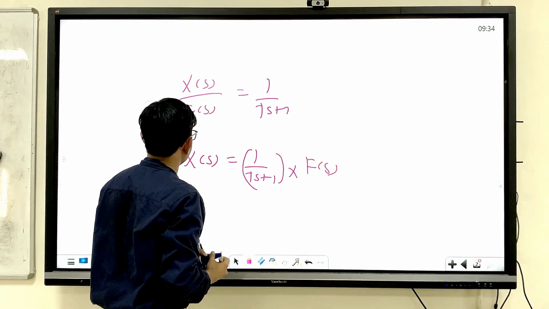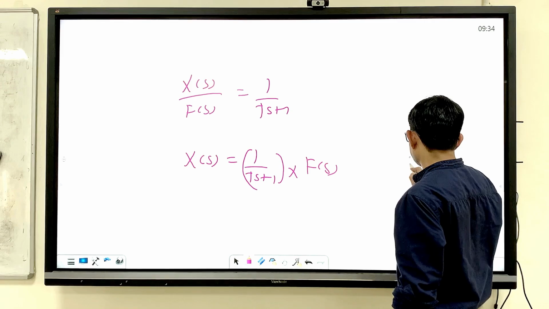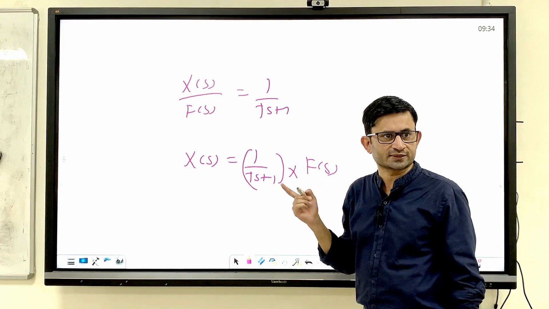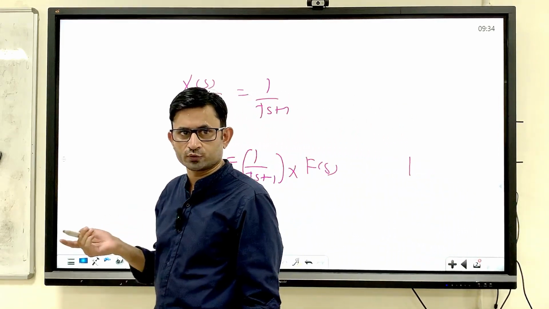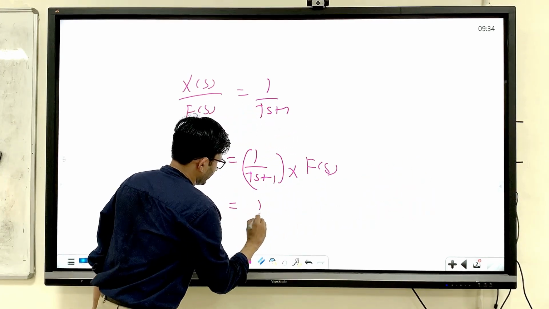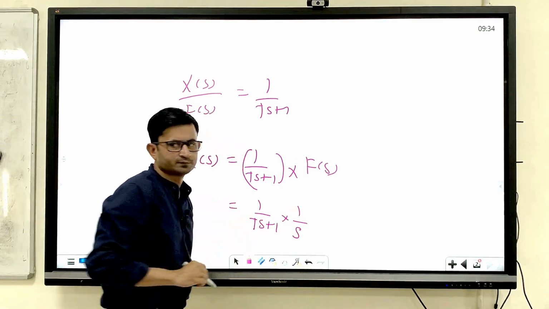Simply F of s I have taken this side. So if I take 1, then what is the Laplace transform of 1? I have shown to you, right? 1 by s, and how it is coming, that also I have shown to you. So you can write 1 upon Ts plus 1 into 1 by s.